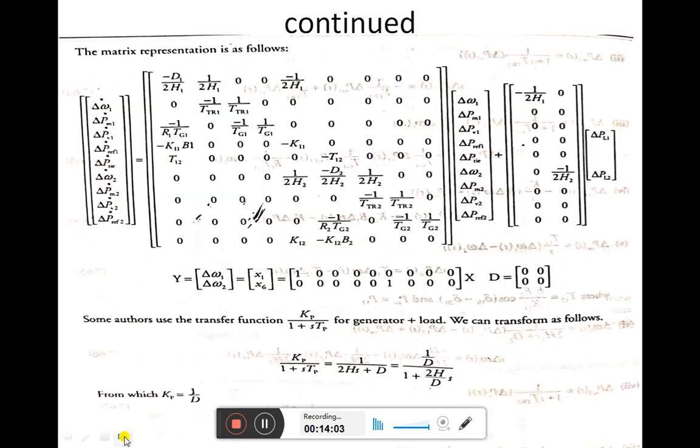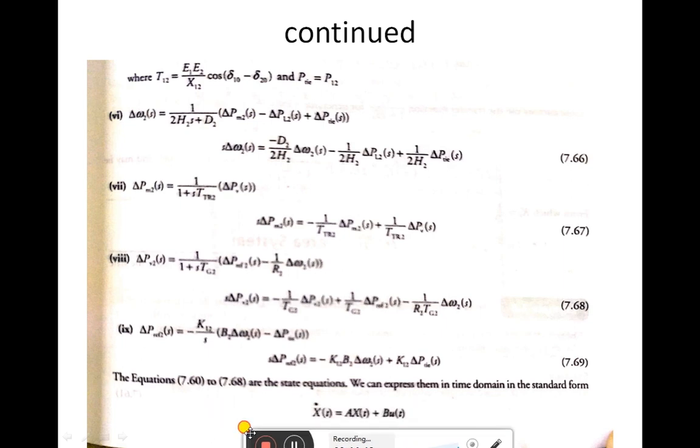Now these 9 equations we can express in the time domain in a standard form. Let us see how we can express them in the time domain. So in the standard form, or the matrix representation, the 9 state equations are represented in this fashion.